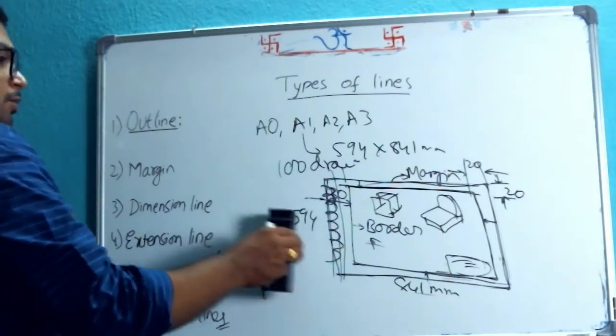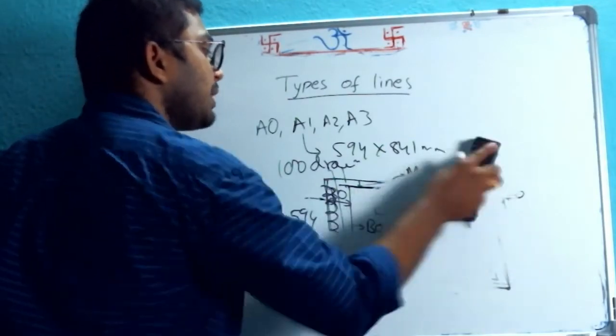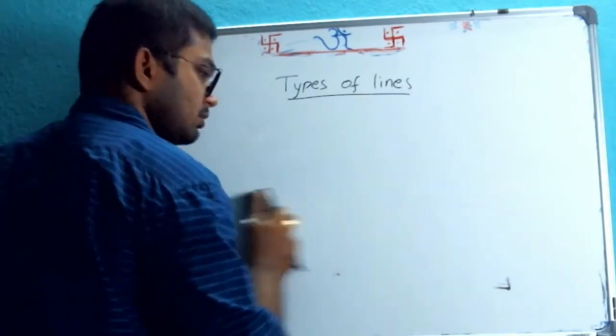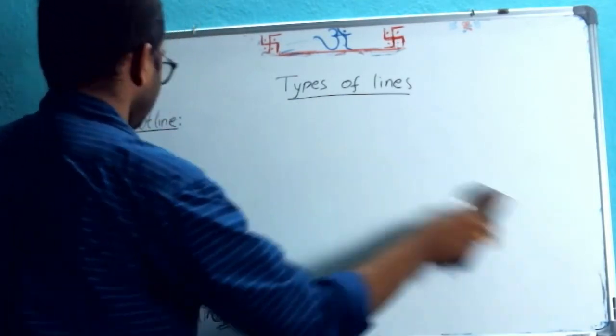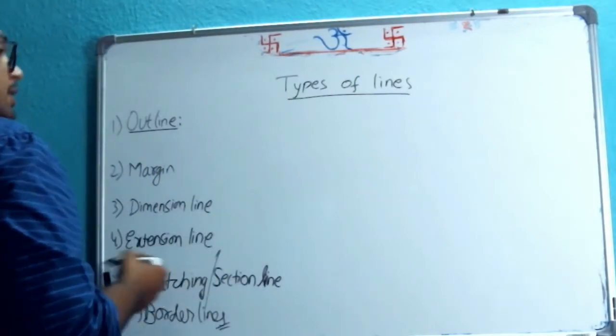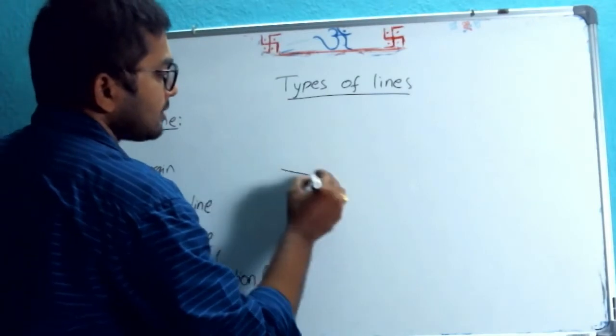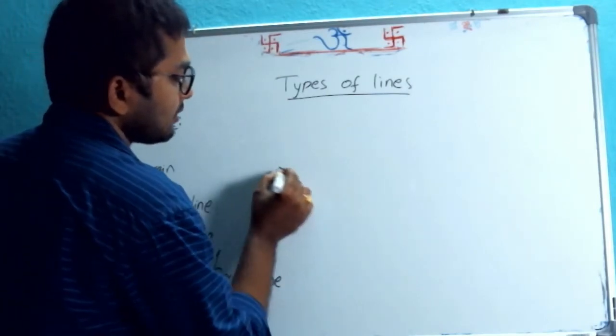So those are border and margin lines explained. Now next is the dimension line. Say, for suppose, I have a certain object.